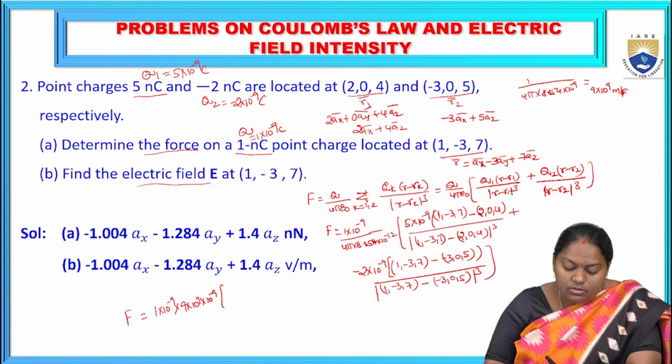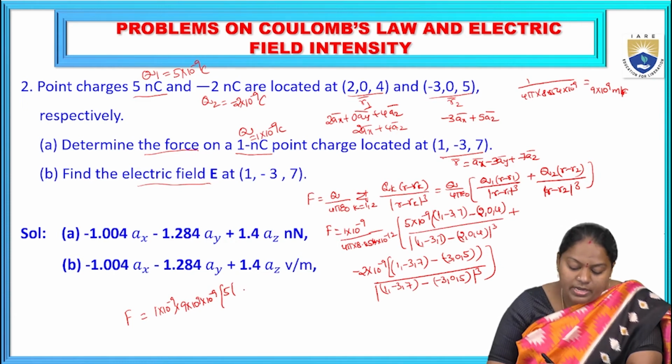Hence, if we take this 10 power -9 out of the equation, it becomes 5 into (first R value is (1, -3, 7) and R1 is (2, 0, 4)). If you subtract (2, 0, 4) from (1, -3, 7), then 1 minus 2 is -1, -3 minus 0 is -3, then 7 minus 4 is 3.